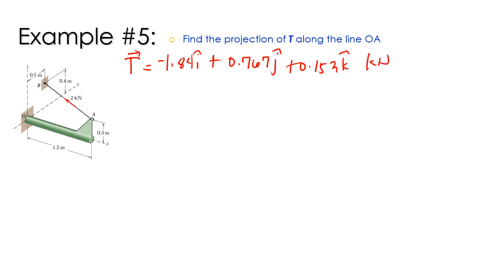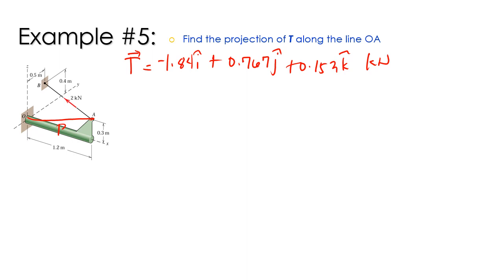Then for our line OA, let P be the representation of our line OA.